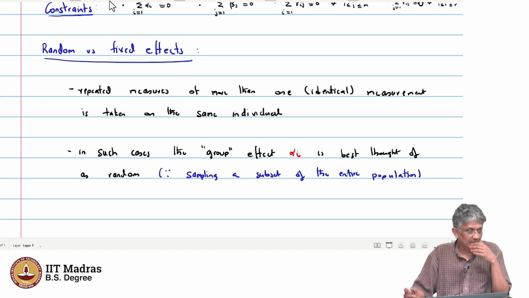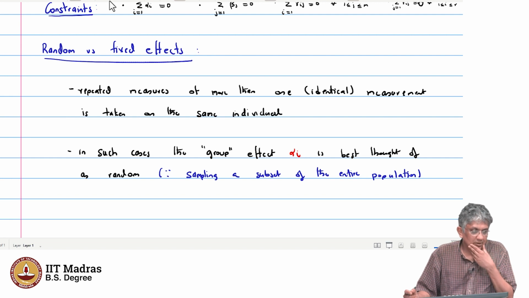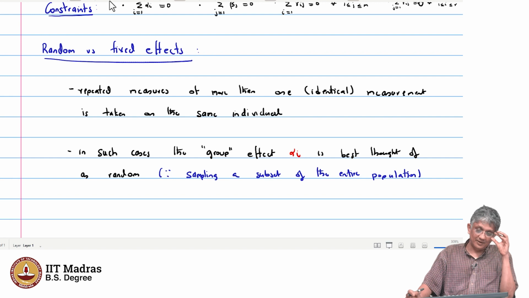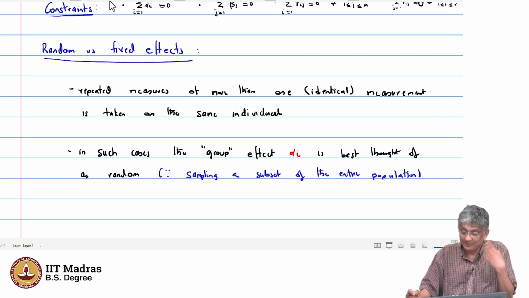Very cool. So a group effect is random. That means we can think of the levels we observe in the group to be samples from a large population.